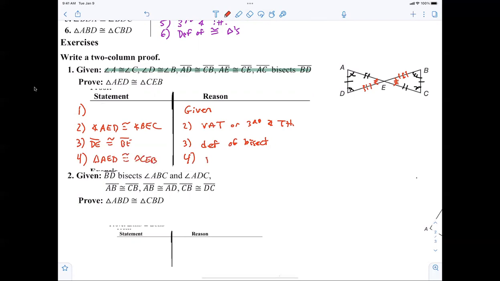And that's just definition of congruent triangles. Anybody have any problems with that?